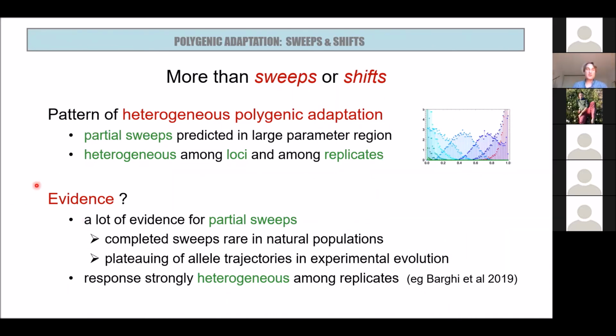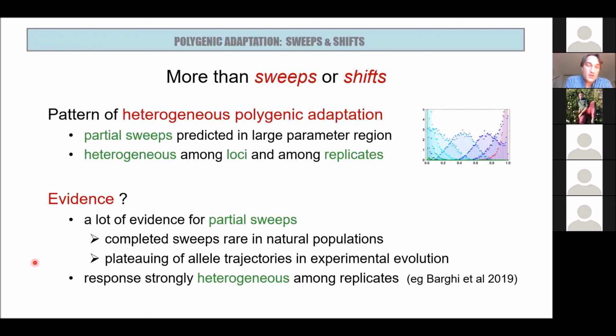Yeah, well, of course, there's a lot of evidence for partial sweeps, definitely, right? It's even like that completed sweeps, if you look at the data, are really rare in natural populations. And we often see a plateauing of allele trajectories in experimental evolution. So something like these partial sweeps that get stuck at intermediate values, what you see here for these bluish guys, is something that we do see in data.